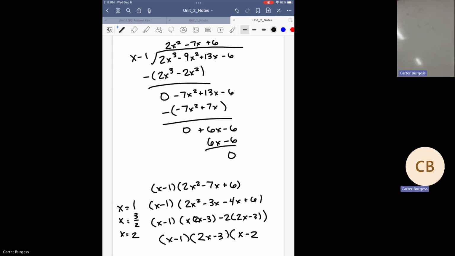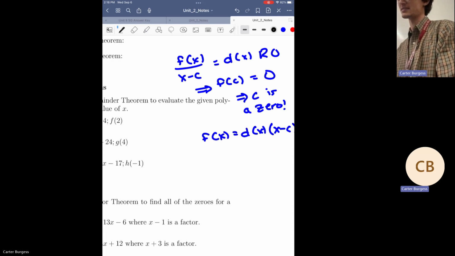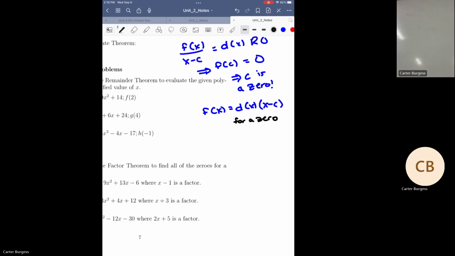But any questions with our factor theorem? Yeah, exactly. So where c is a zero. So yeah, that's a really good way of writing it. Yeah, that f of x is d of x times x minus c. Thank you.